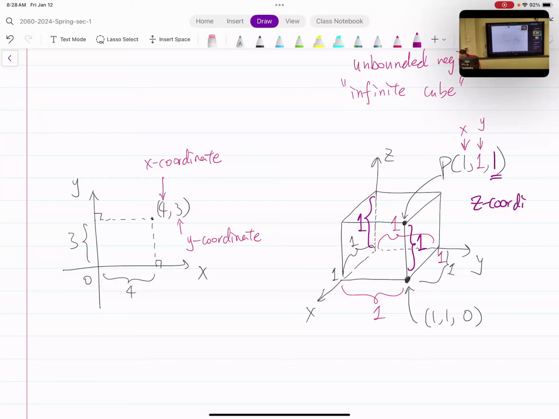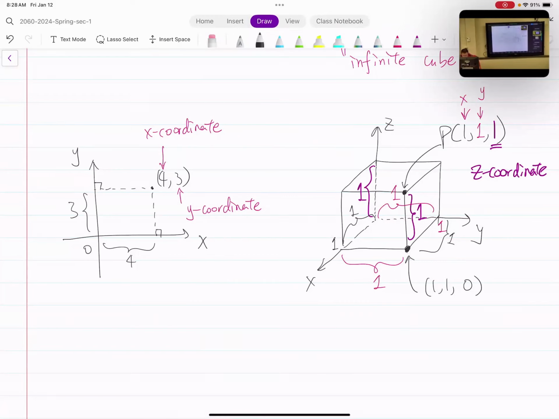So also I mentioned that 1, 1, 0 is the projection of point P to the xy plane. That's our point 1, 1, 0 right here. So far, any questions?